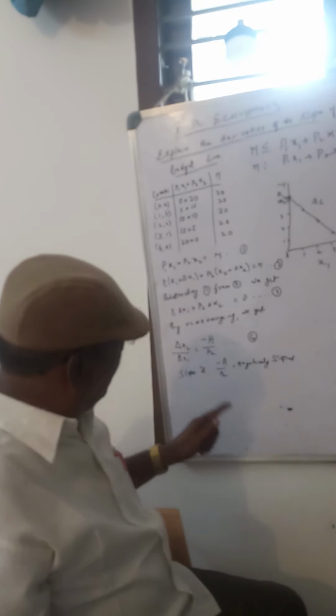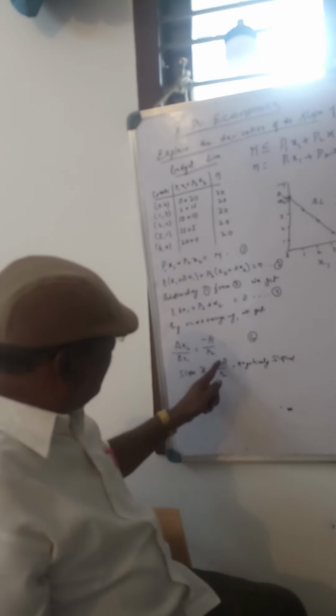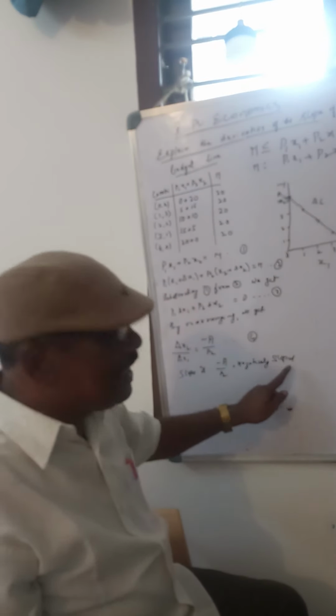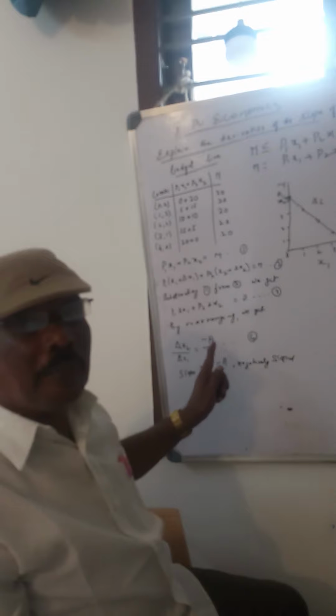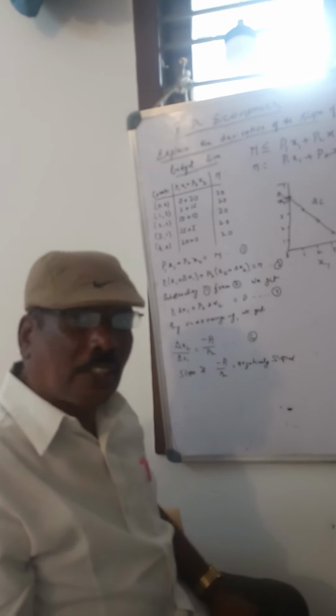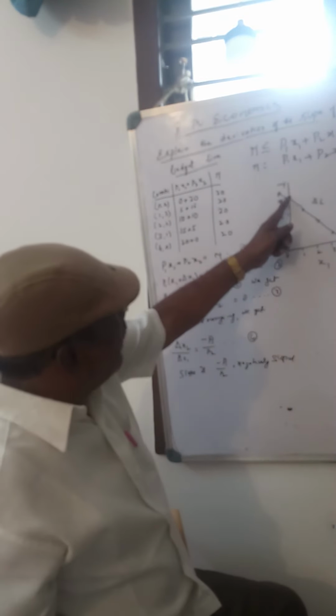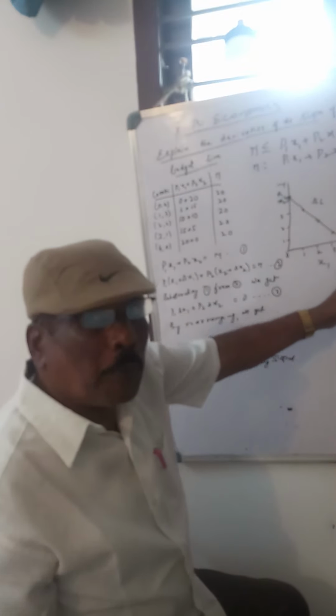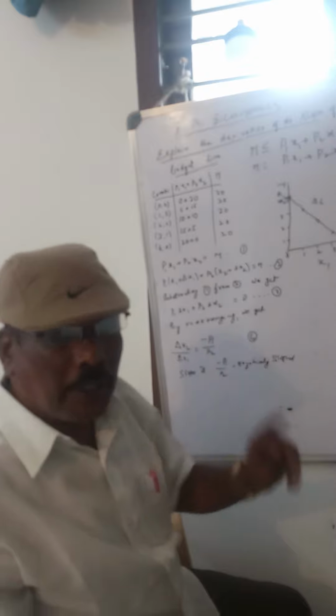And the slope is minus P1 divided by P2. It is negatively sloped because you find the minus sign. So that is why the budget line is downward sloping. It is not upward sloping.